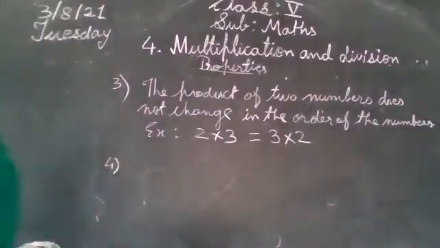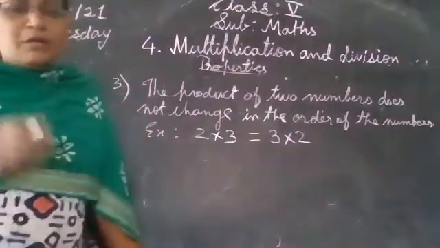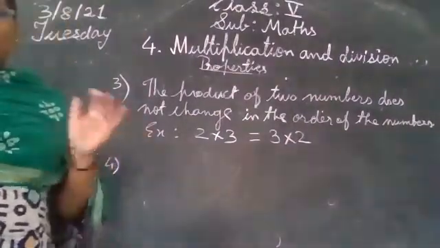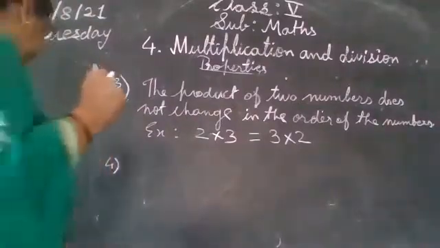Now the next property, beta, regrouping. Regrouping means if you want to multiply more than 2 numbers, and if you regroup, every time you get the same answer.